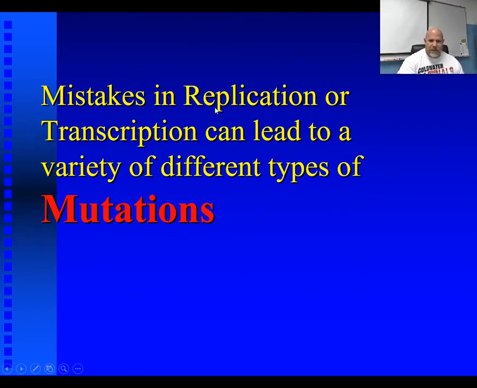And if you have a mutation in your DNA, or if you have a mutation in the transcription process, those can lead to mistakes in the making of the protein, and can lead to the wrong amino acid being put into a protein, which can change the shape of the protein, which messes everything up.